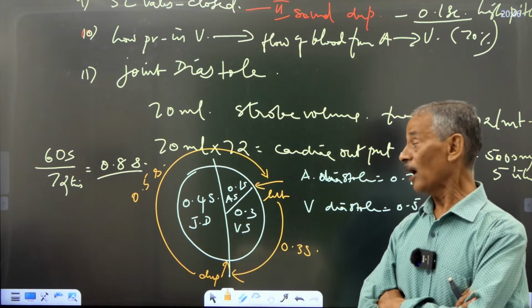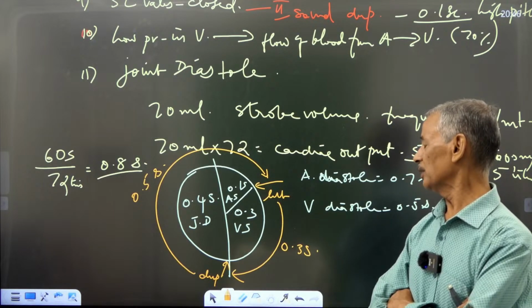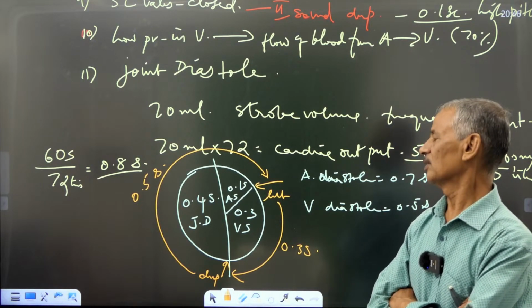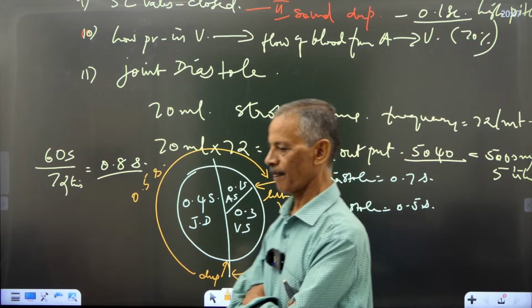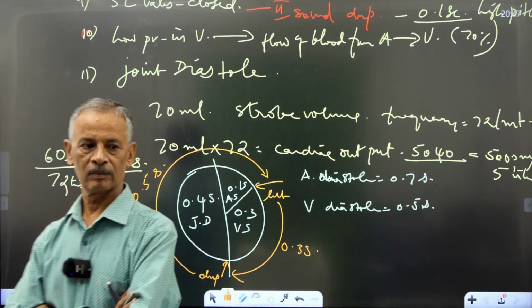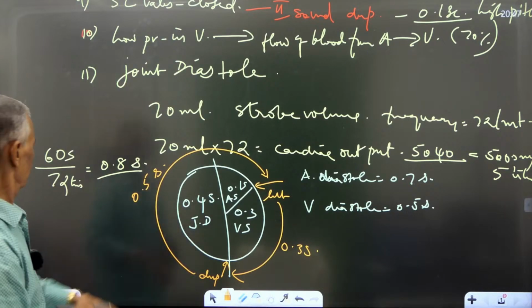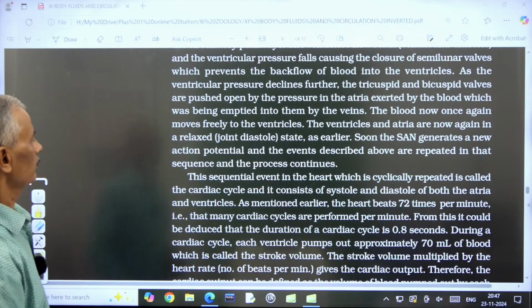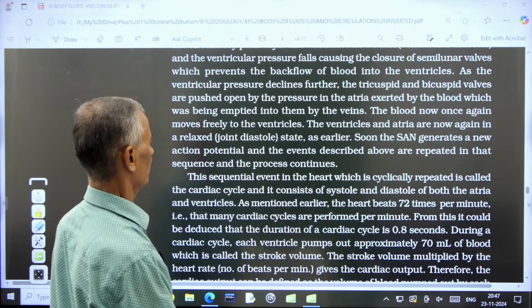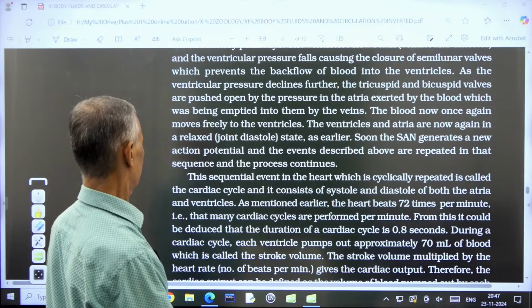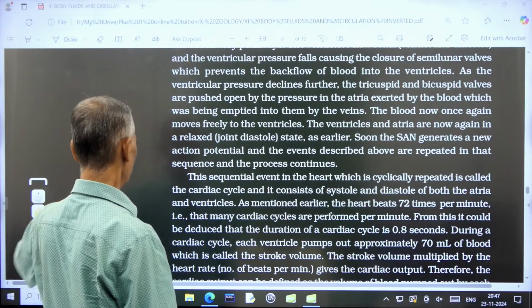So, the gap between the lub and dub is only 0.3 seconds, but the gap between the dub and the lub of the next cycle is 0.5 seconds. Is that clear? Any doubt? Anybody?